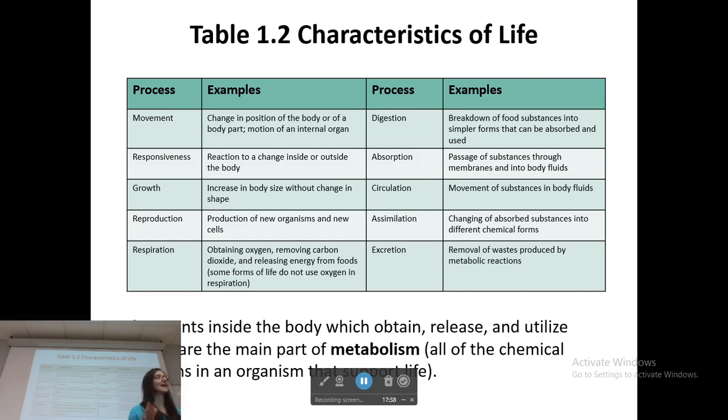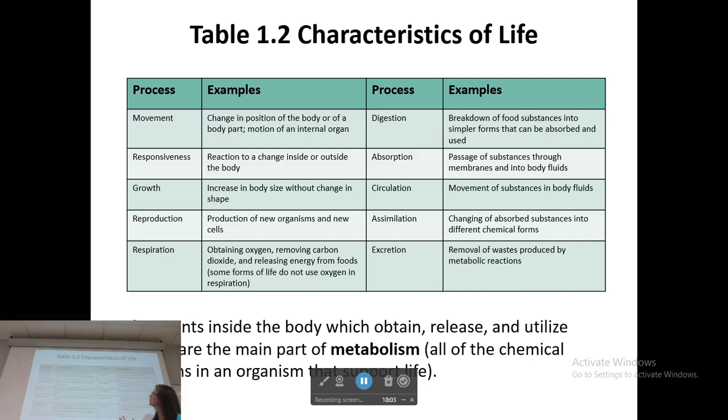That's maintaining a balance. Okay, so next thing is growth. All right, so you have growth of the whole body, but also it's an increase of body size without a change in shape. So we compare growth with development.